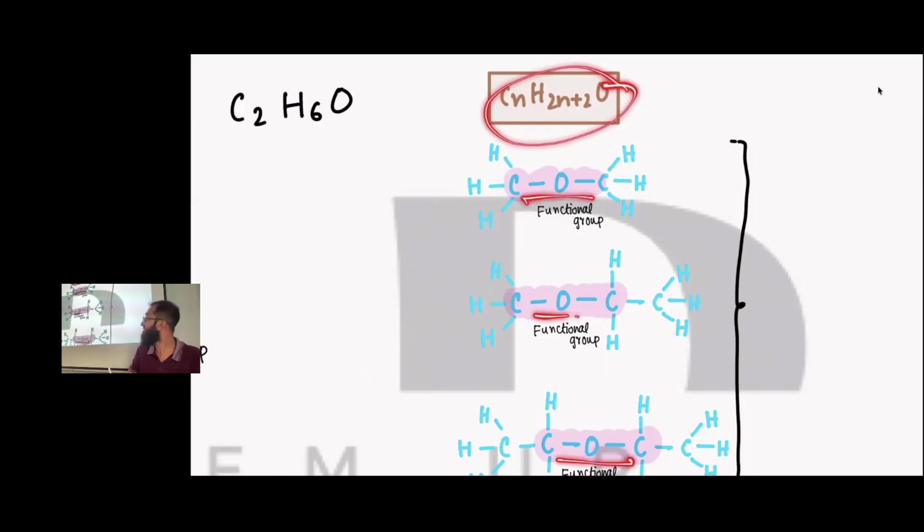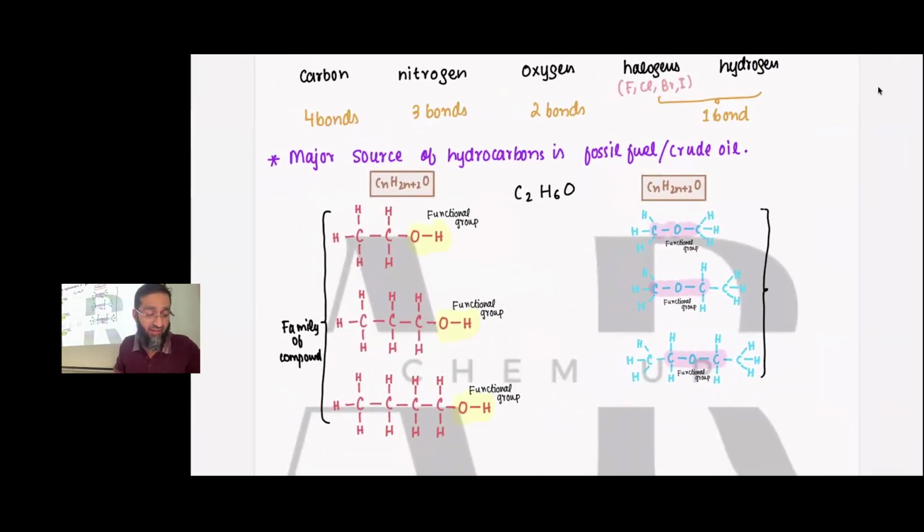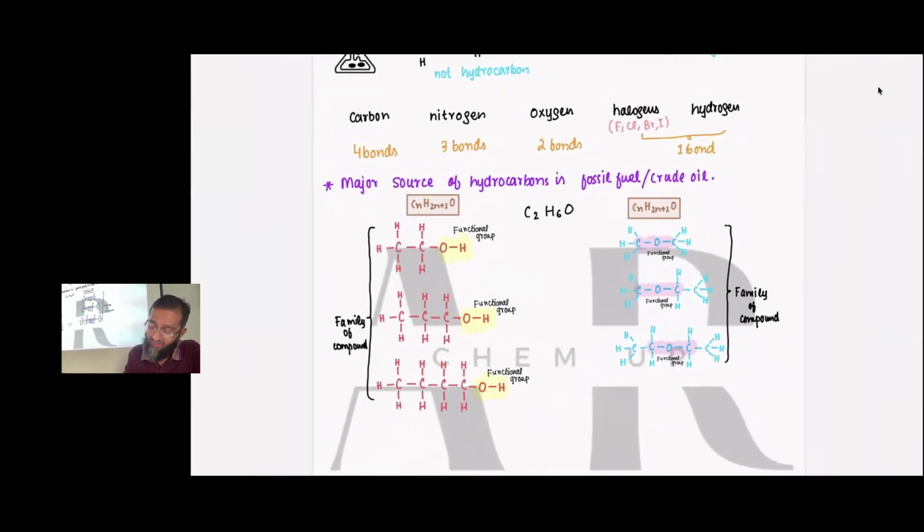And as their functional group suggests, they are going to behave in the same chemical manner, right? So these three also belong to one family of compounds or one group of compounds. Is this clear? Any confusion so far? Okay.